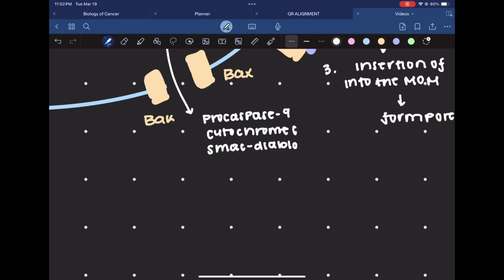And 2 of them in particular, procaspase 9 and cytochrome C, are going to come together along with 1 additional molecule called APAF1. Let me write all these down here.